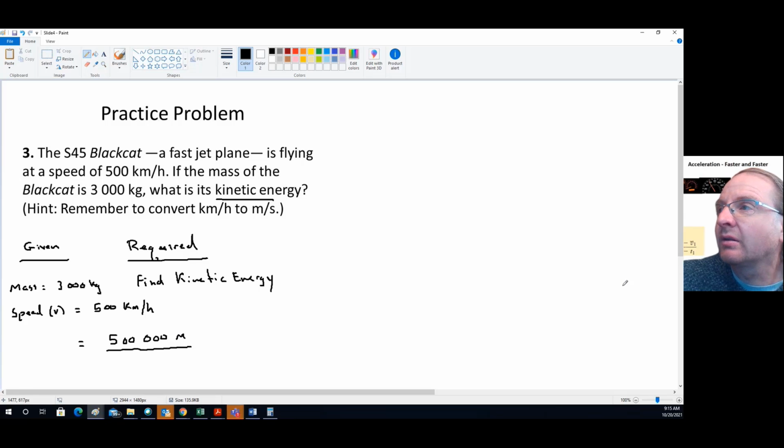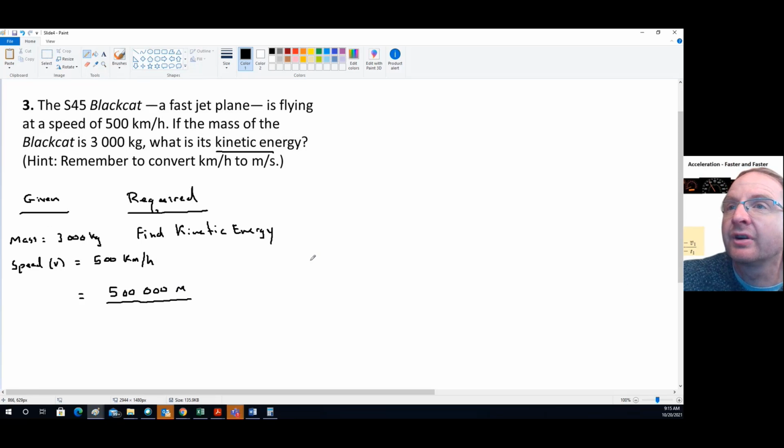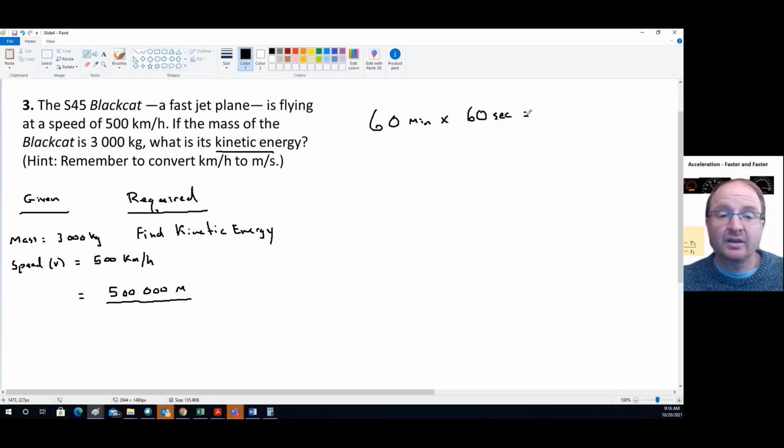Let's just do a little rough work off the side here to convert hours to seconds. 60 minutes times, and there's 60 seconds in 1 minute. So this is going to be how many seconds in 60 minutes? 6 times 6 is 36, and then add the 2 zeros. 3,600 seconds.